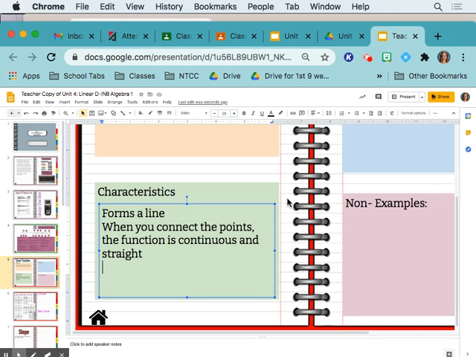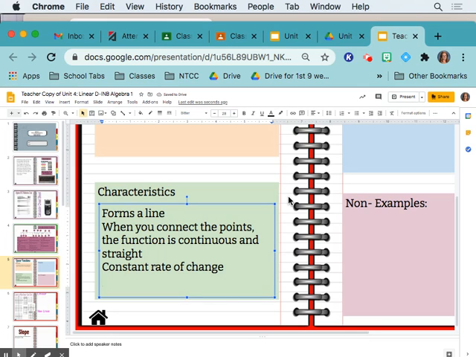Another one that we saw in the TEKS that kept on being mentioned was slope and rate of change. To be a line, there'll be a constant rate of change. So just put constant rate of change there.